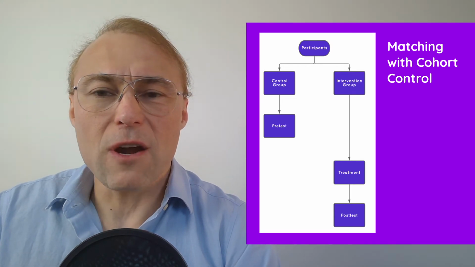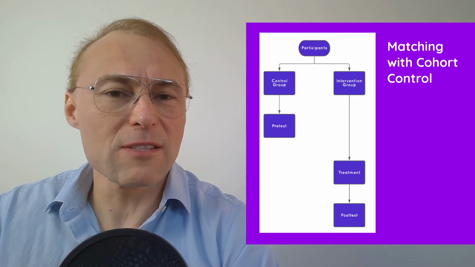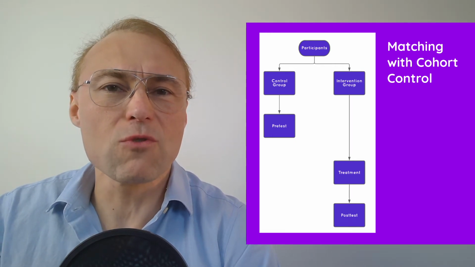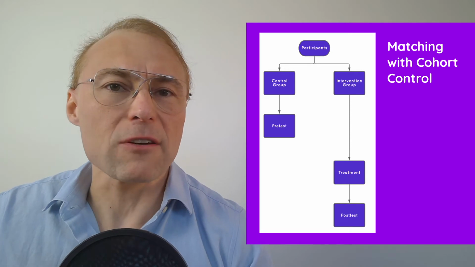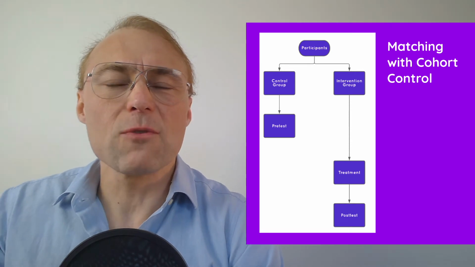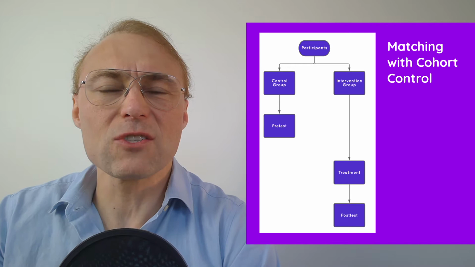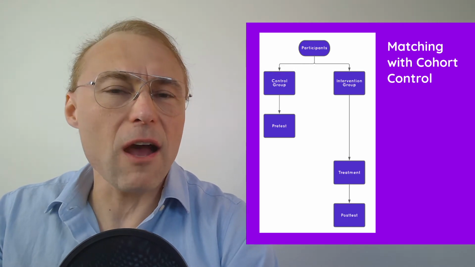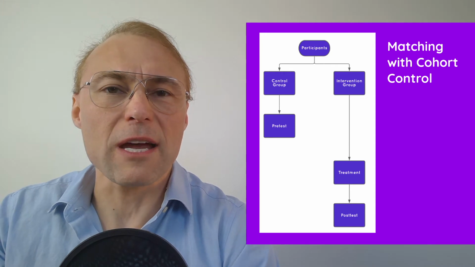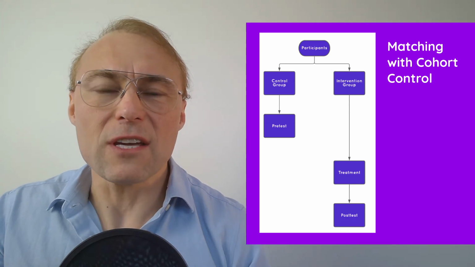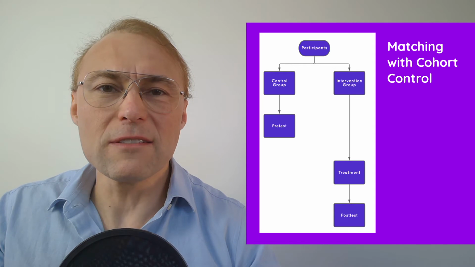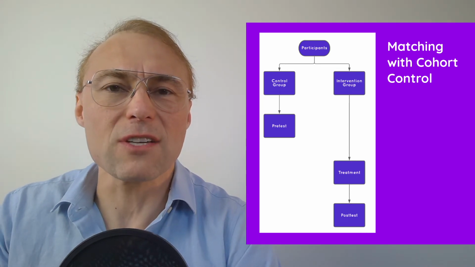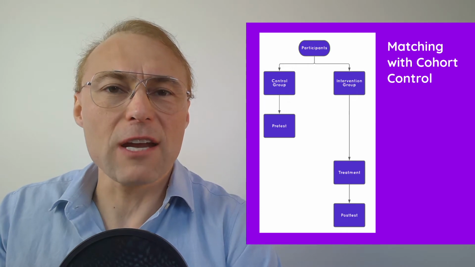So going back to our startup, how would you use this type of design? Well, what they might do is go to a training school. Maybe they're going to go to a school where they train pipe fitters. And they go to this training school and say, this year we would like to test all of the people graduating from your pipe fitter program to see about their knowledge on hazardous materials management. Then next year, we're going to go into that same school with a new group, the students from the next year, and we're going to give them our training intervention.